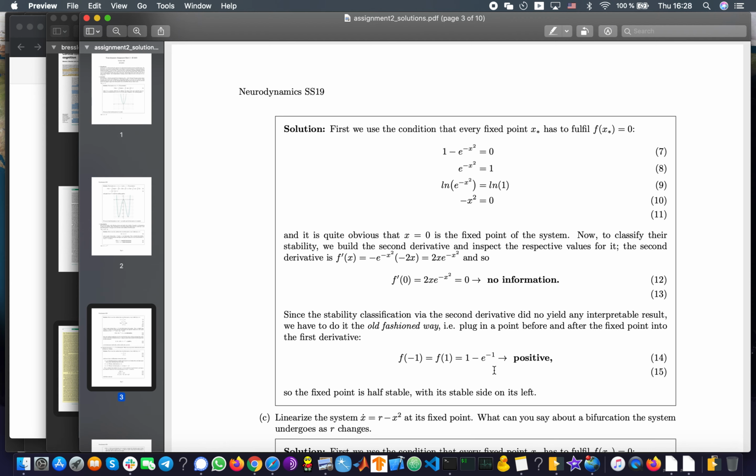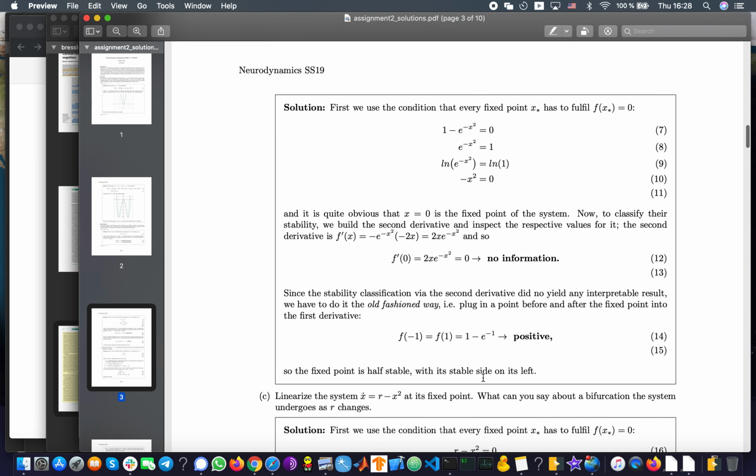Therefore, before the fixed point and after the fixed point, both are positive, which, as Anna said last session, absolutely right, is a kind of semi-stable, or better to say half stable. Half of it is stable and half of it is unstable.